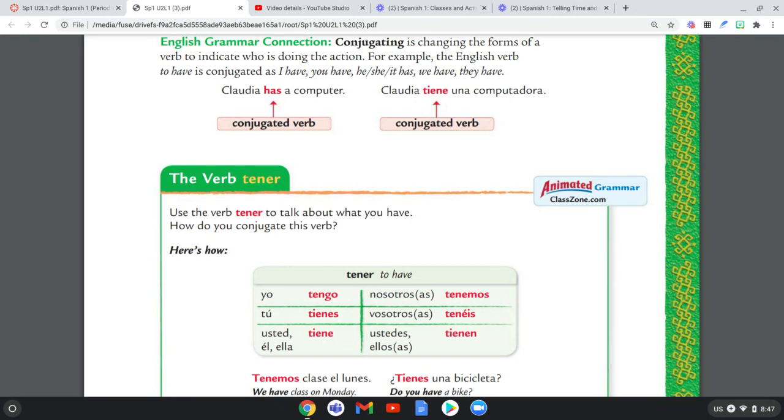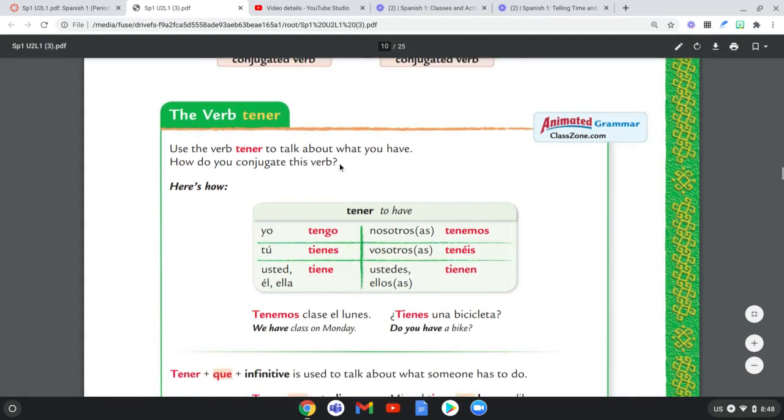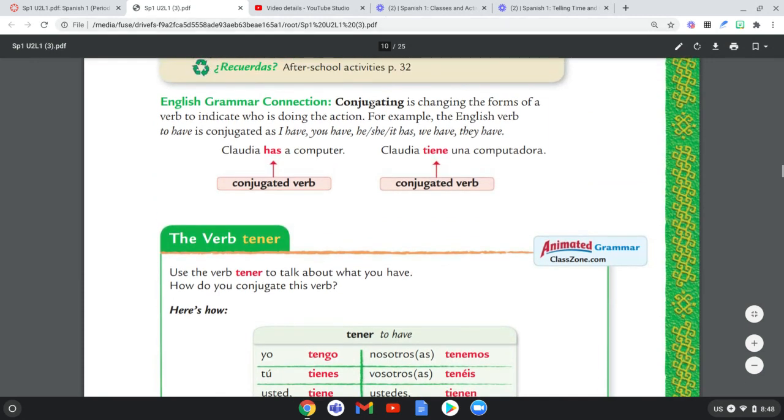This exists in English too. It's just that we do it normally because we've grown up with it, and so you don't know that you're doing it. Conjugating, you can see up here, is just changing the form or the spelling of a verb to give information to show who is doing the action.